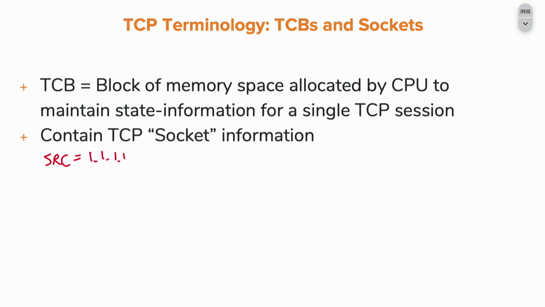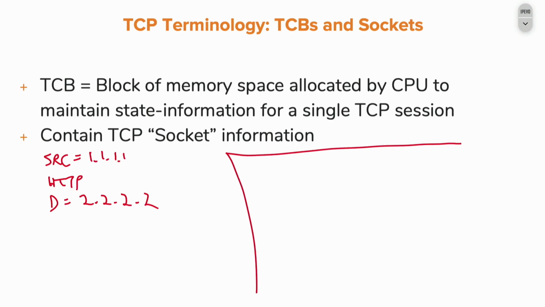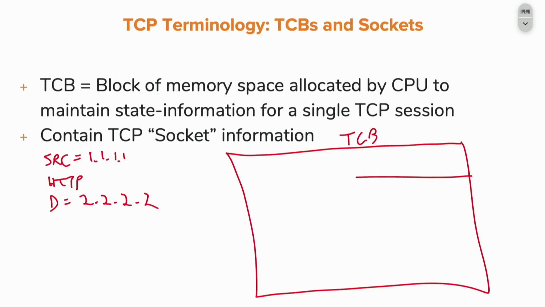So that's going to be HTTP, and you're going to be going to a destination of 2.2.2.2. Well, a transmission control block is going to be created for that. Part of that transmission control block is going to be your IP information. 1.1.1.1 is going to be you. You're going to be going to 2.2.2.2.